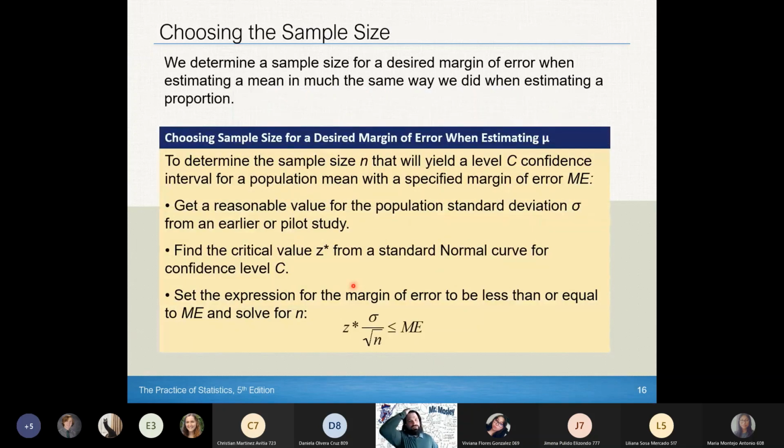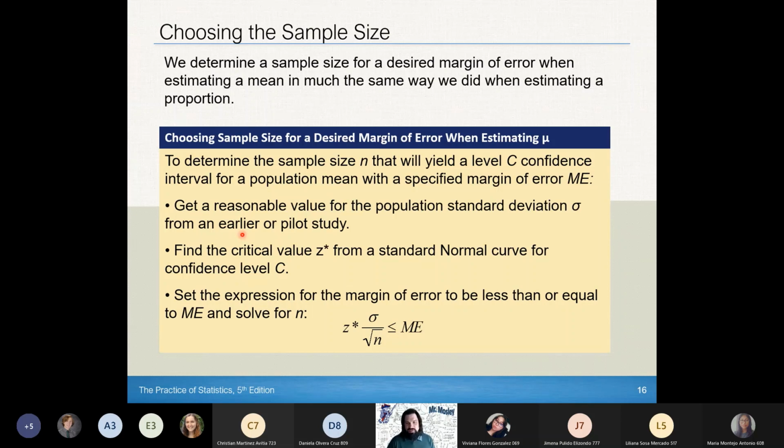Then similarly to what we did with proportions, we can choose a sample size before we go and take our sample. And we have these things that we must consider. To determine the sample size n that will yield a level C confidence interval for a population mean with a specified margin of error, ME, we must first get a reasonable value for the population standard deviation sigma from an earlier or pilot study.